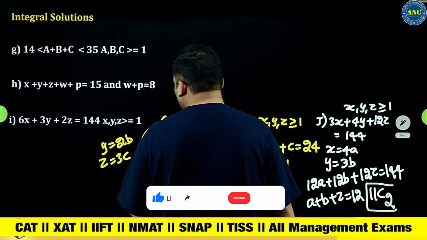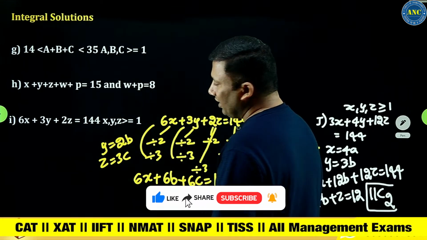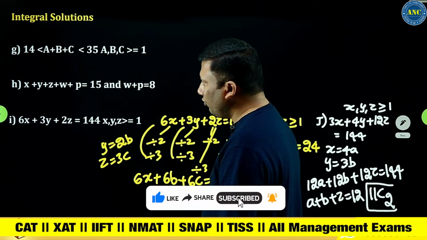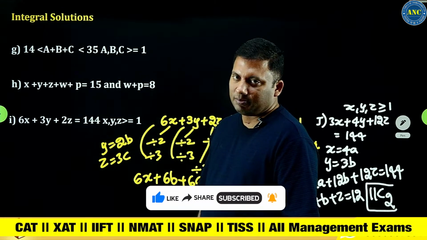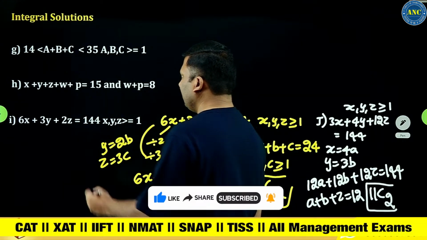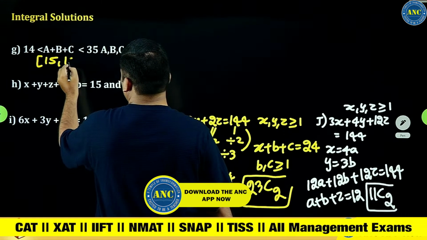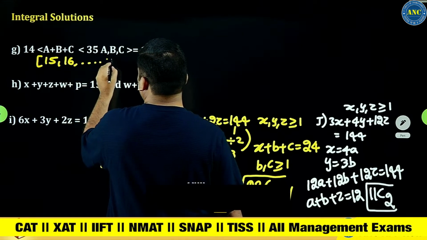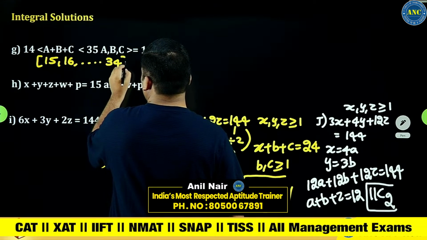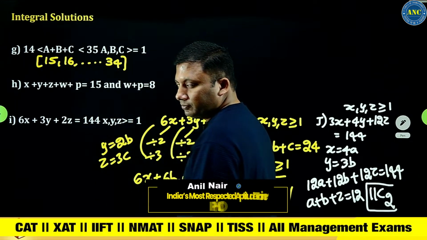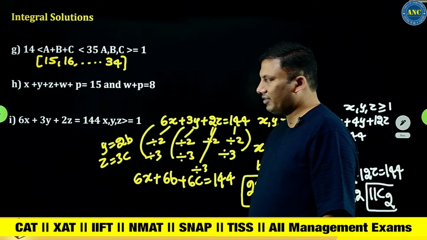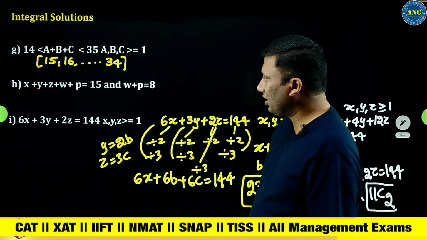a plus b plus c is less than 35. 14 less than a plus b plus c less than 35. That means a plus b plus c can take all the values from 15, 16 and so on up to 34.